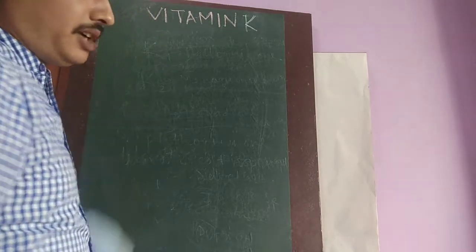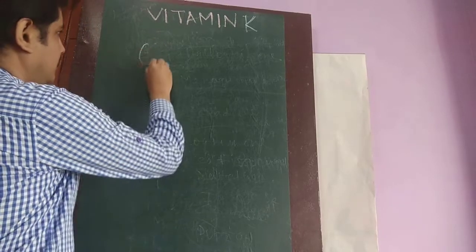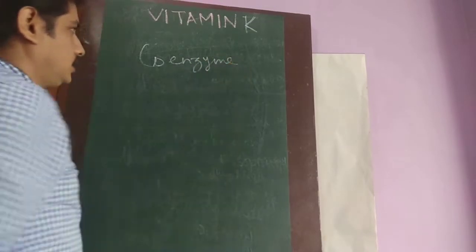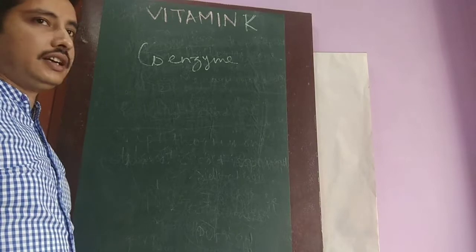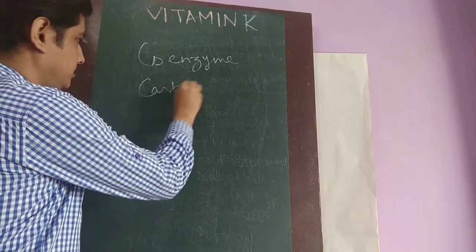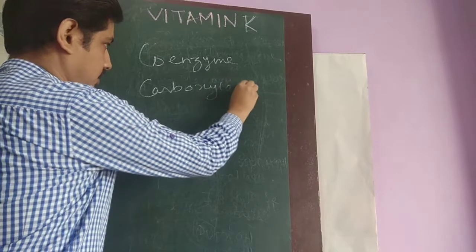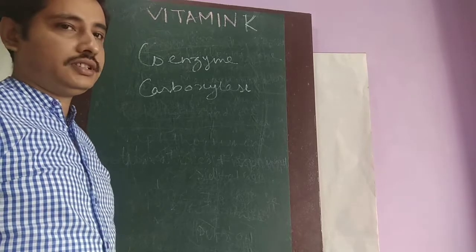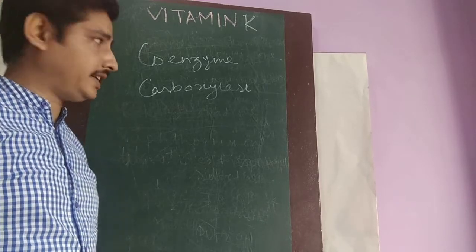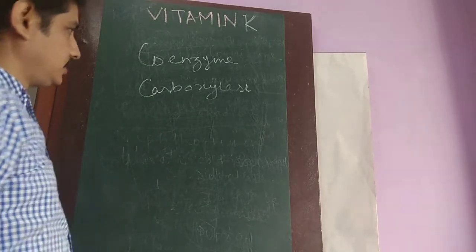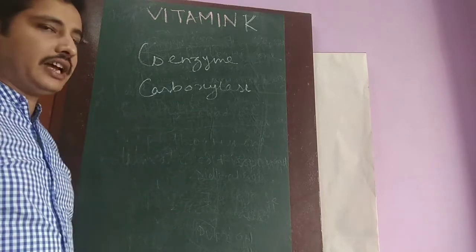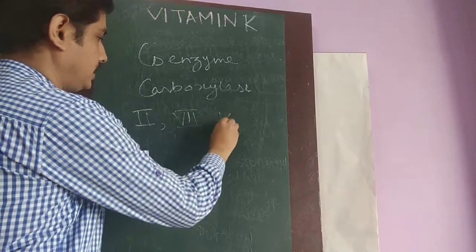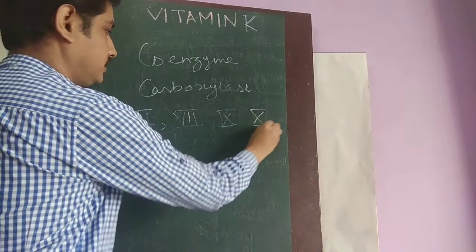Now, vitamin K functions. Biochemical function. Vitamin K acts as a coenzyme, and it helps the enzyme carboxylase, a microsomal carboxylase. Usually, in most of the carboxylation reactions the coenzyme is biotin, but some of the carboxylation reactions are helped by vitamin K. This carboxylation reaction activates the blood clotting factors 2, 7, 9, and 10.